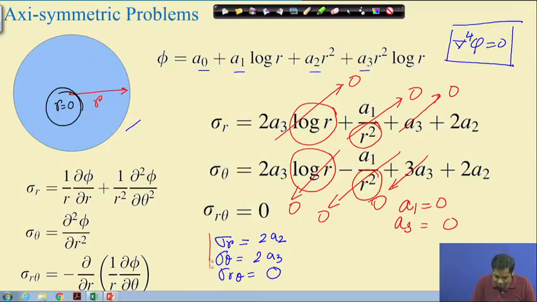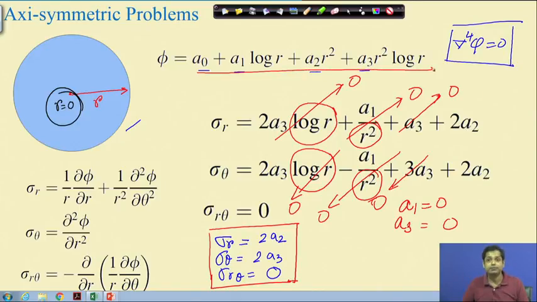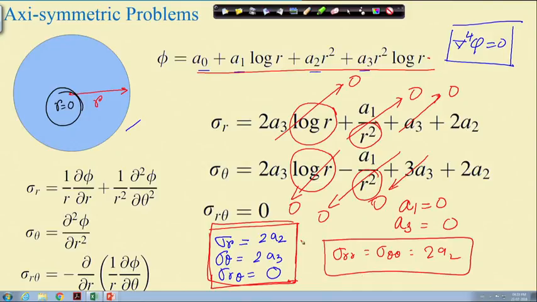This is a very important observation. It says that if you take this as your stress function and your domain is simply connected, then this stress function can give you only a constant stress field. Sigma r is equal to sigma theta is equal to 2a2 in this case.